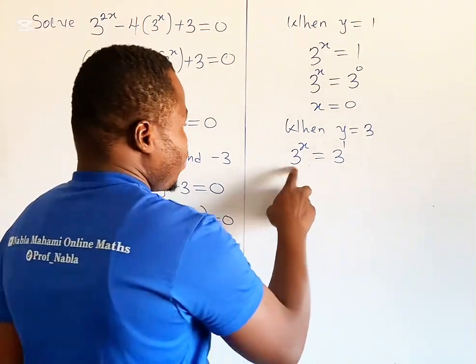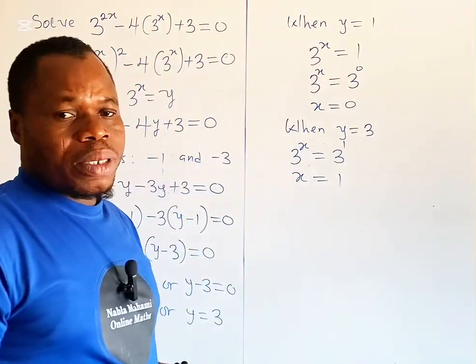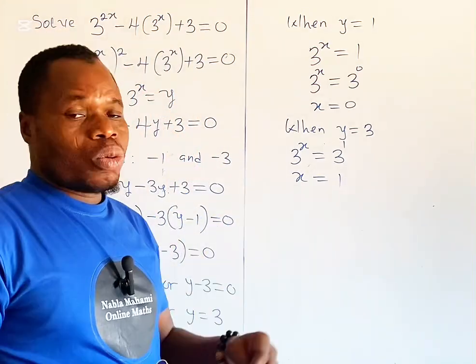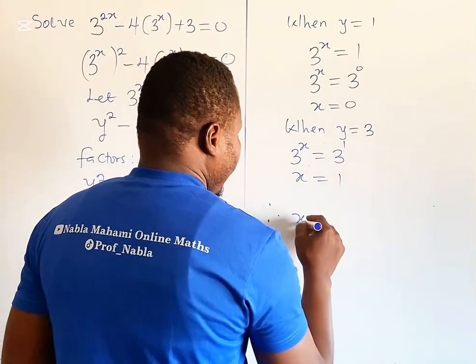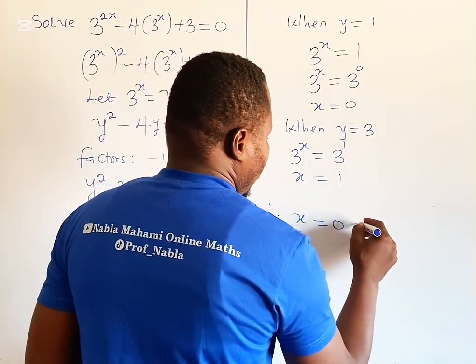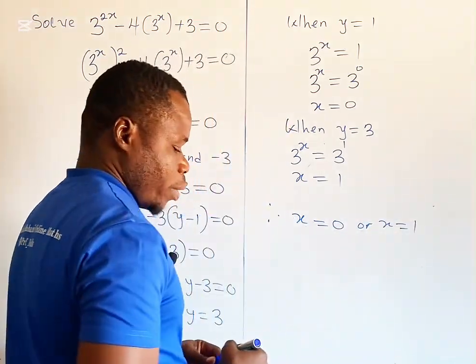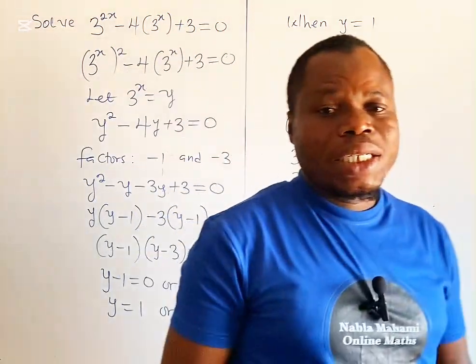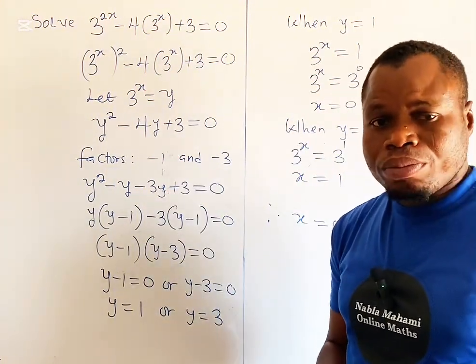And I can say that the bases are the same. It means that the powers are also the same, and x is equal to 1 in this case. Therefore, the values of x are 0 or x is equal to 1. And this is the ideal solution for this exponential equation.